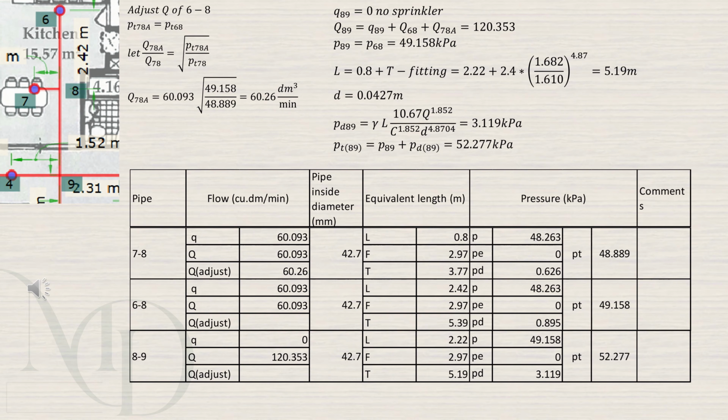With the total discharge and the effective length, we plug those values into the pressure drop formula and solve for the pressure loss. Once we have the pressure drop, we add it to the upstream pressure to get the resulting pressure at the downstream node. Finally, we record all values in our table, including the discharge for 6 to 8 and 7 to 8, the capital Q for 8 to 9, the effective length, the computed pressure drop, and the updated pressure.